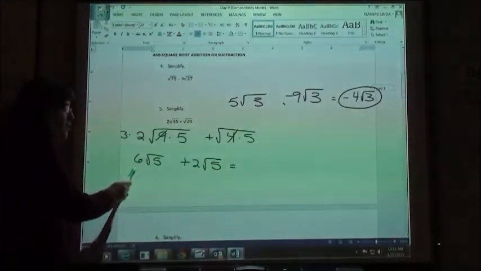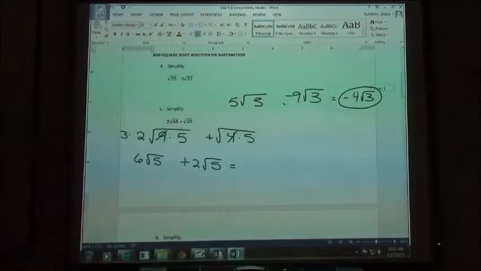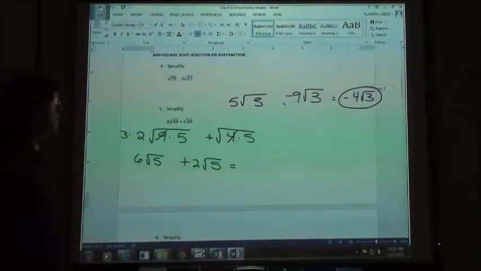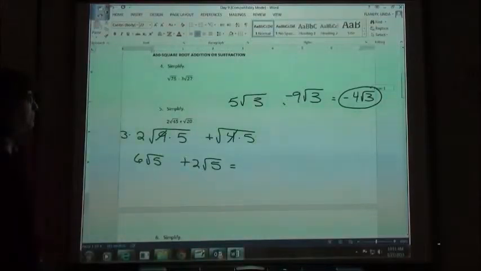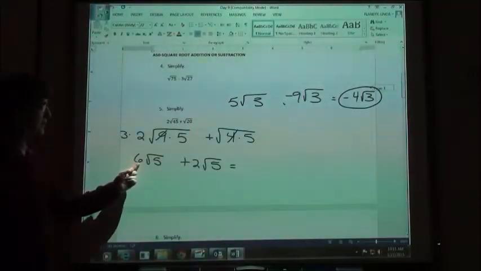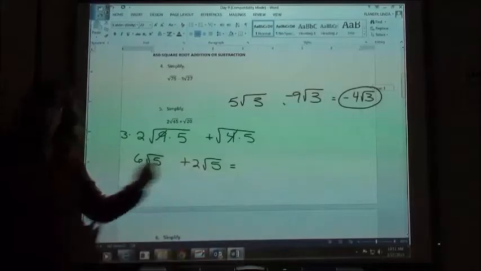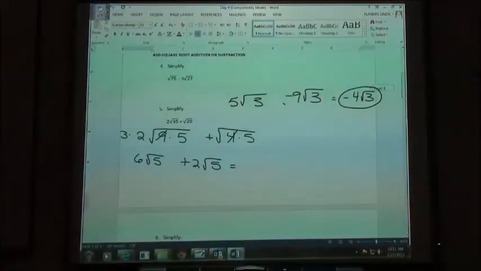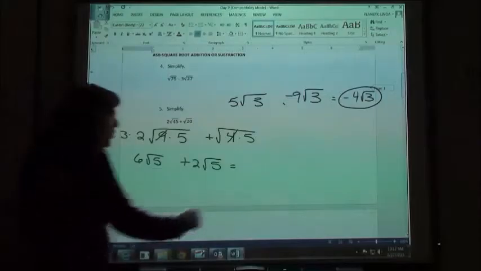And if I take 6 square root of 5 plus 2 square root of 5, you add the front numbers together, and you get 8 square root of 5 then.